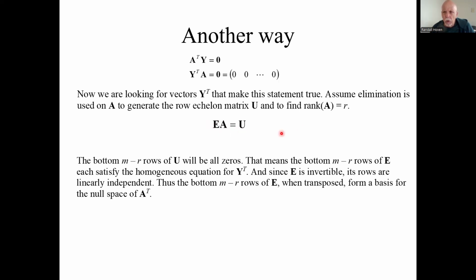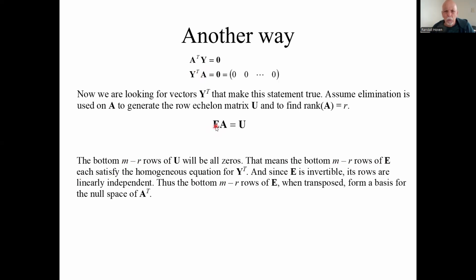So an all zero row of U will come from the corresponding row of E, the bottom rows of E. In fact, the bottom M minus R rows of U will be all zeros, where M is how many rows of A and R is the rank of A. That means the bottom M minus R rows of E each satisfy this equation for this y transpose.